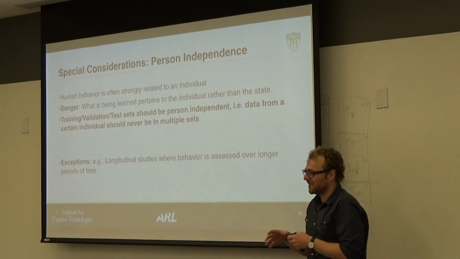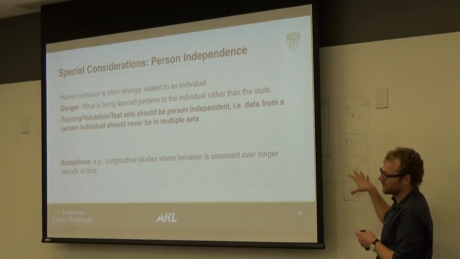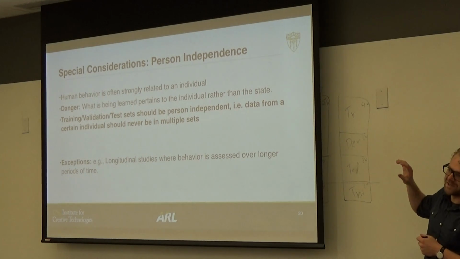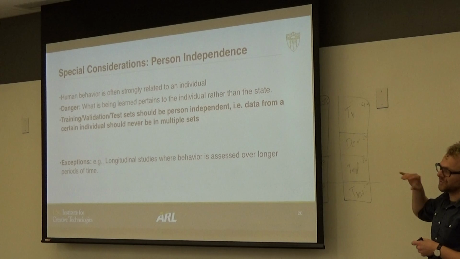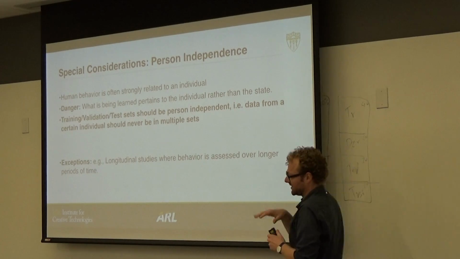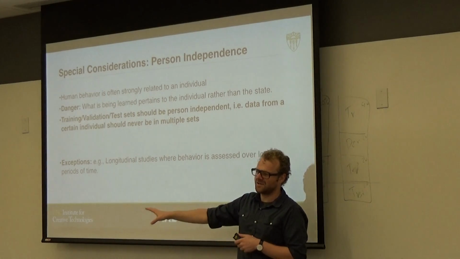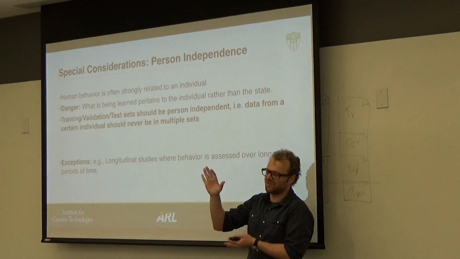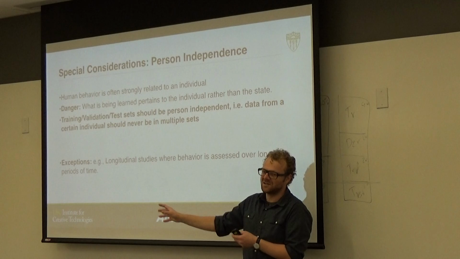So what you want to do is create those splits based off of the individuals that are present in the data. If I say 60% goes into training, I mean 60% of all the individuals in your data set go into training.